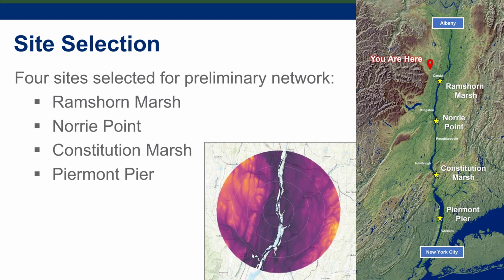After we went through that process, we were able to winnow down our list of sites to 4 that we would target for a preliminary network.